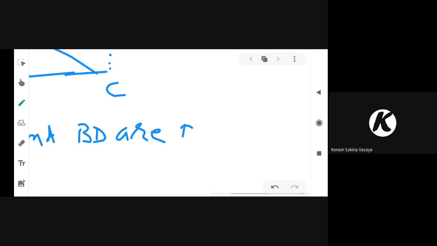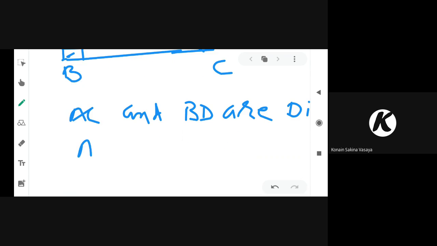Yes, AC and BD are diagonals, right? And the length of AC is equal to BD because it is a rectangle. Yes or no? Yes.